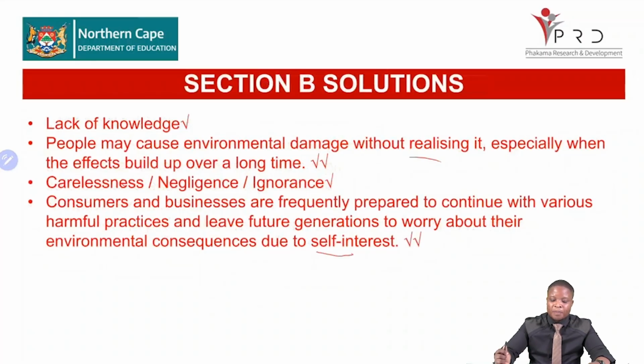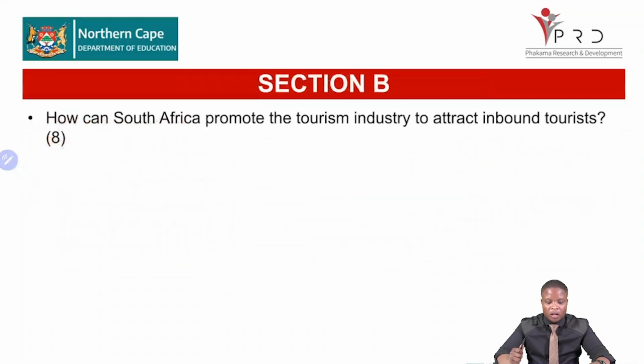We keep on doing things that we know will affect the environment negatively, even though we know that the future generation may have to deal with the problem that we have created, we still do that. That is carelessness.